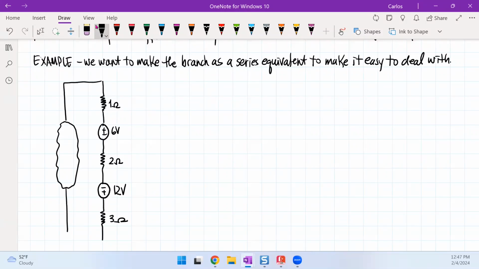Remember, this is only a branch of a complicated circuit here.